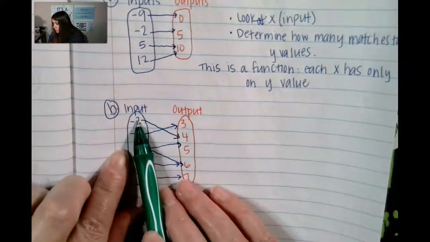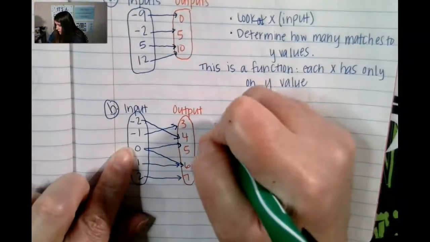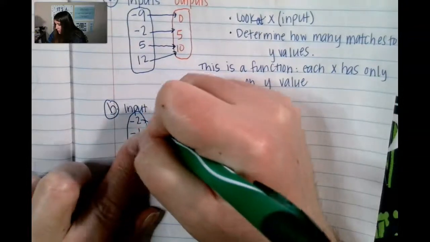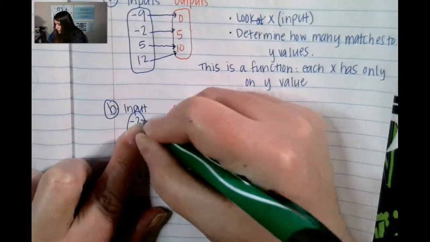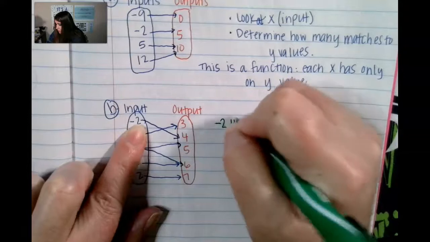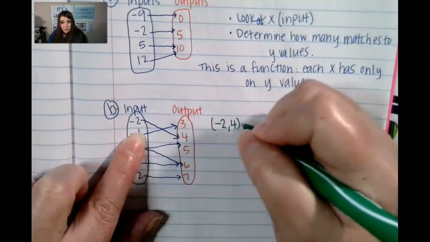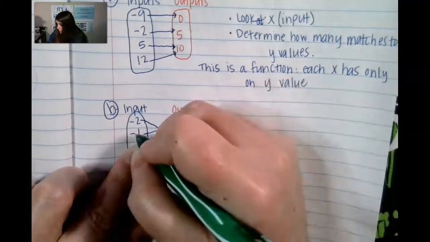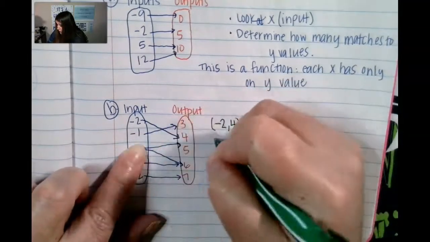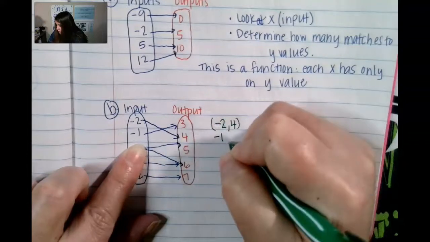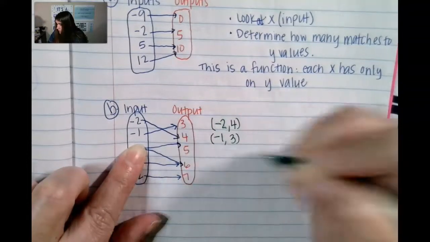So let's start here. I'm going to start with -2 as my x, and I am going to follow the arrow to 4. So far, so good. One x value, one y value. This x value here is -1, and it follows to 3.